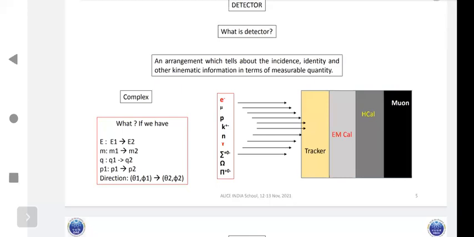Okay. Yes, somebody is talking. Yes. Maybe because electrons don't interact strongly. So what if you have a positive pion? What happens if you have a positive pion? Then the pion will also interact through strong interaction, right?